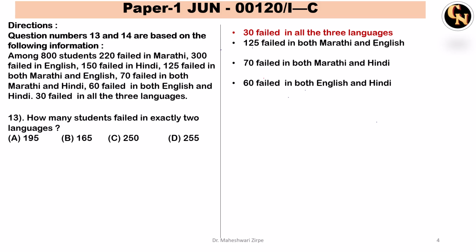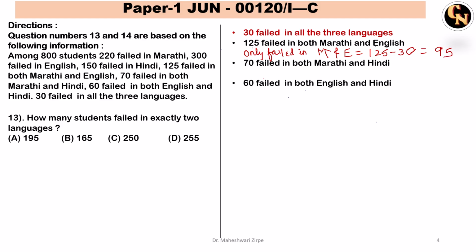Even though they have failed in both subjects, we want to find out only failed in Marathi and English, because the 125 will include some students who failed in all three subjects also. So we do 125 minus 30, which comes out to be 95.